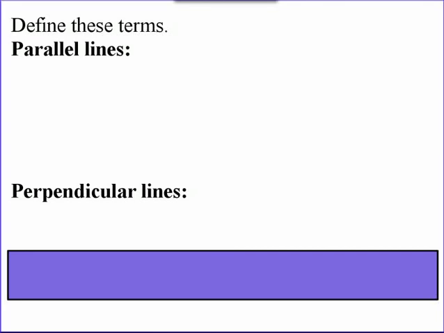They stay the same distance apart. So parallel lines: lines that do what? Stay the same distance apart.